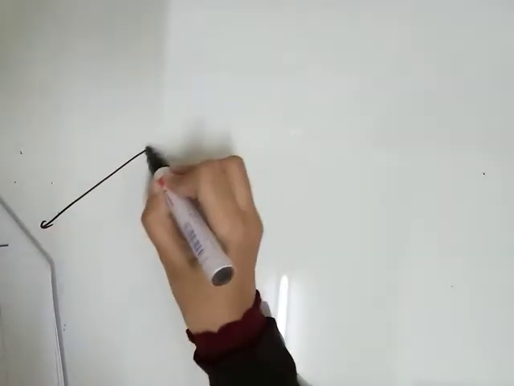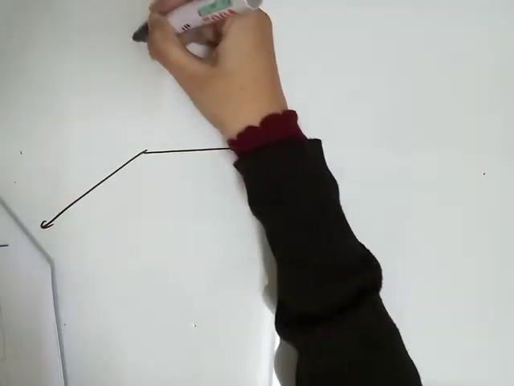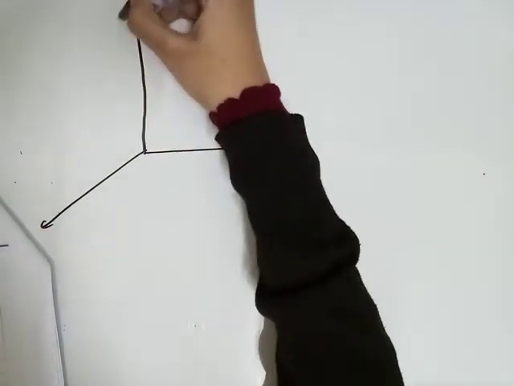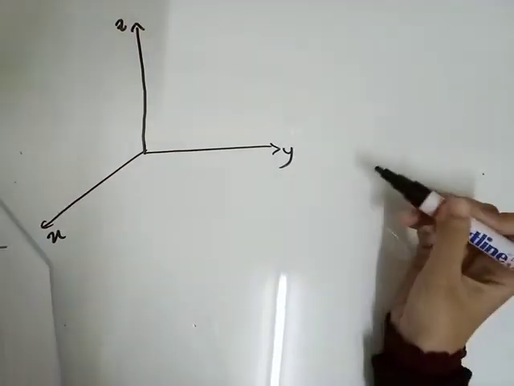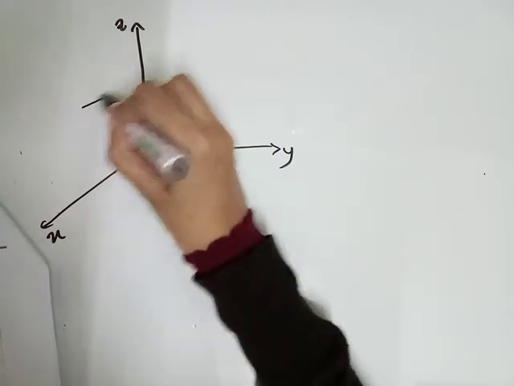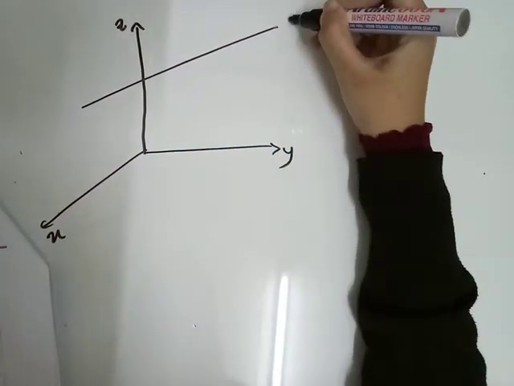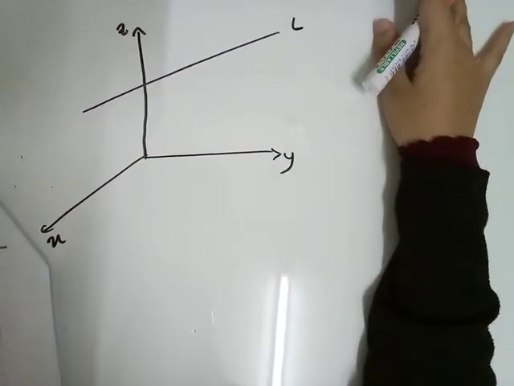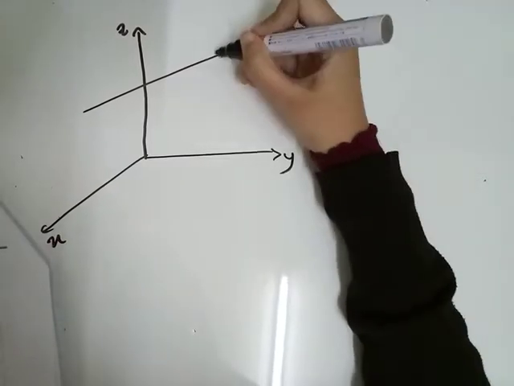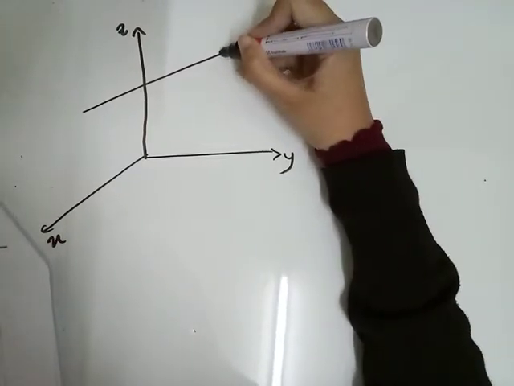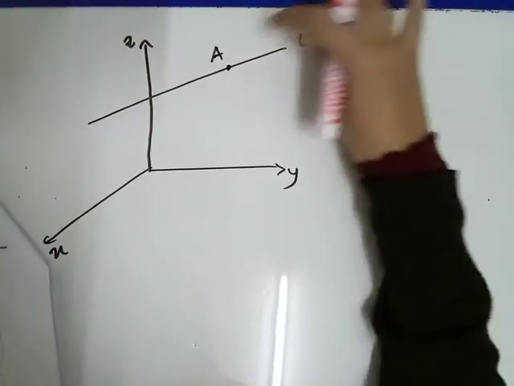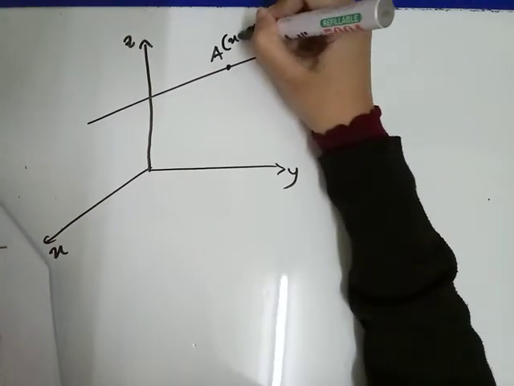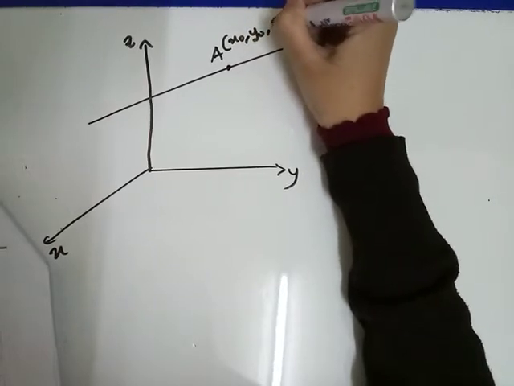X axis, y axis and the z axis. Suppose we have a line L here, that passes through a point A here. Let's say we have a point A with the values x naught, y naught and z naught.